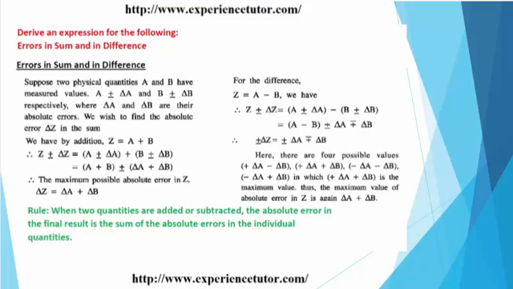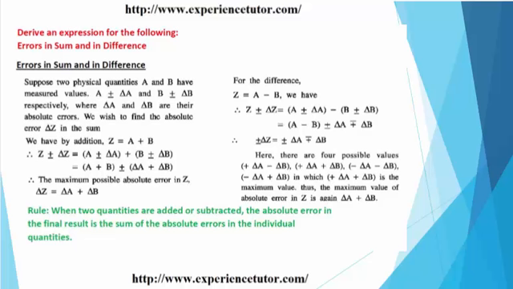Here there are four possible values: +ΔA −ΔB, +ΔA +ΔB, −ΔA −ΔB, −ΔA +ΔB, in which +ΔA +ΔB is the maximum value. Thus, the maximum value of absolute error in Z is again ΔA + ΔB.